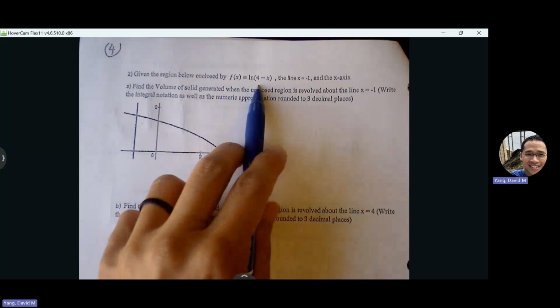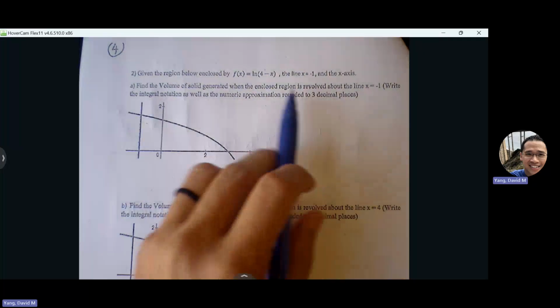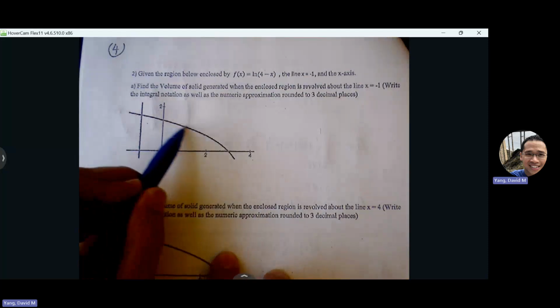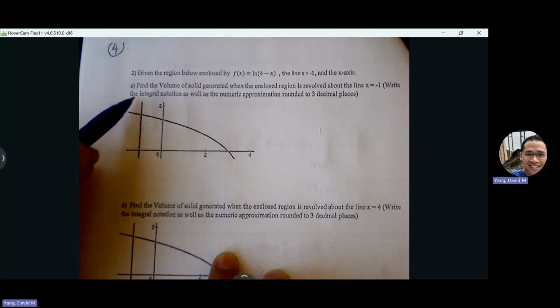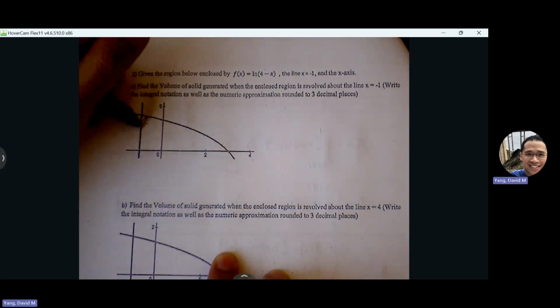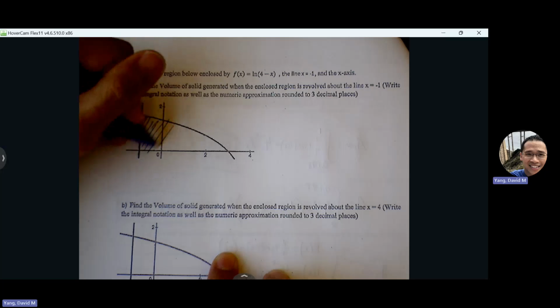Okay, pay attention to your boundaries here. The x and y axes are just in the background. They're just there to help provide some perspective. But the boundary we're looking at is natural log of 4 minus x. That's the curve, then x equals -1, and then the x-axis. So basically, we're not going to involve the y-axis at all.